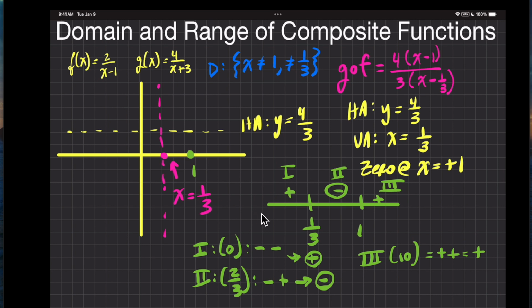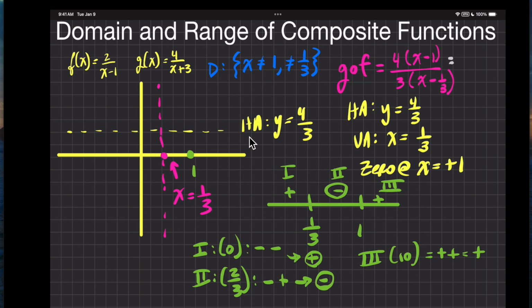The other thing we could do is find the y-intercept. So the y-intercept is going to occur when x equals 0. When x equals 0, we're going to have the following function. Let's do that over here in white.